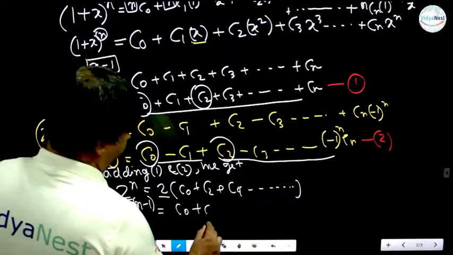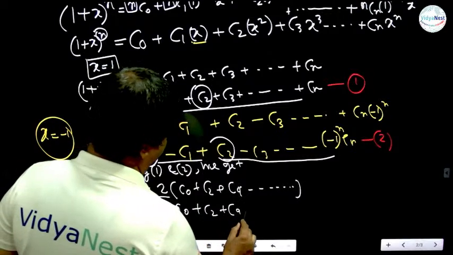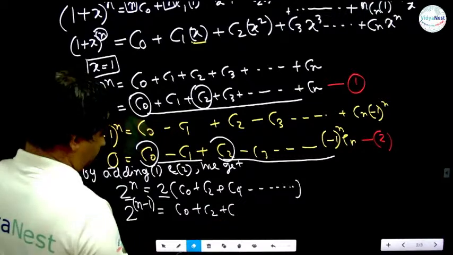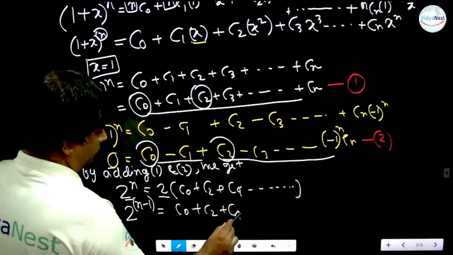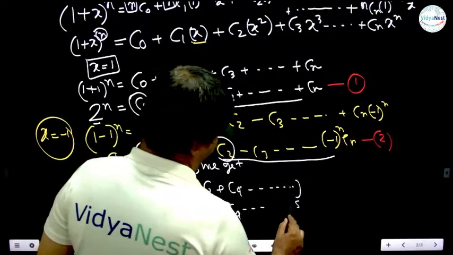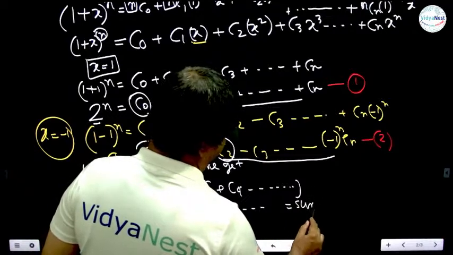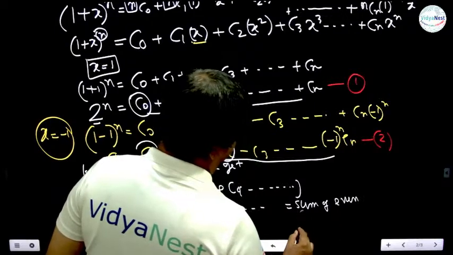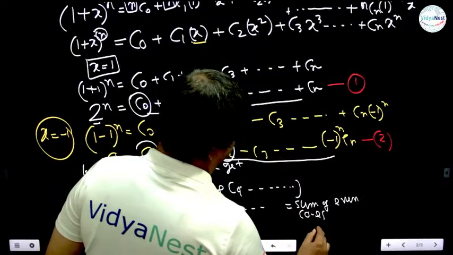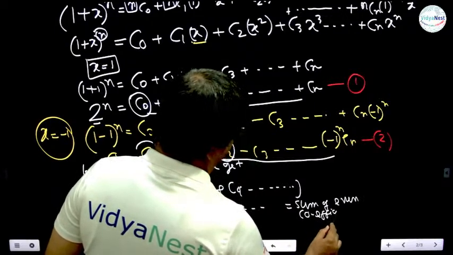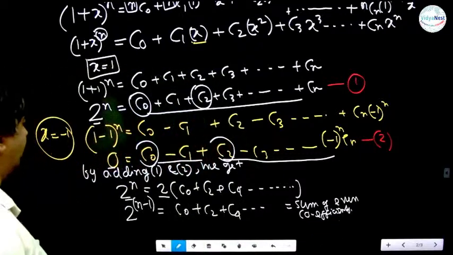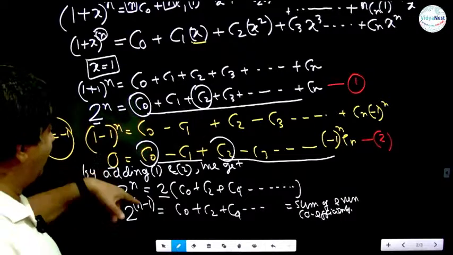That is the sum of even coefficients. So by adding I got that.